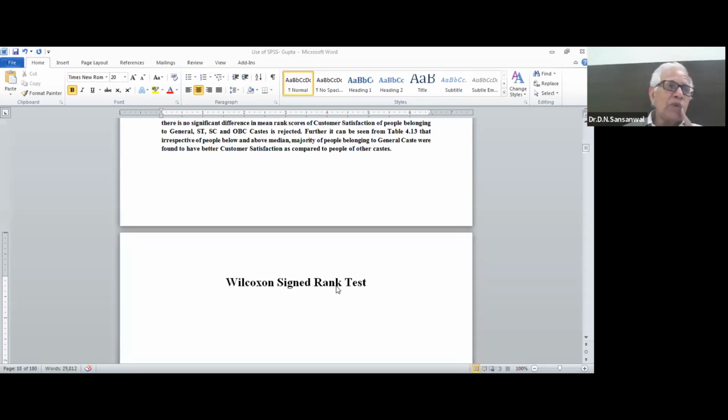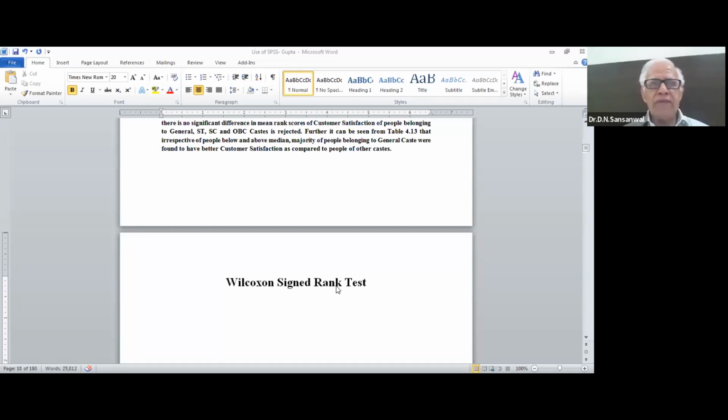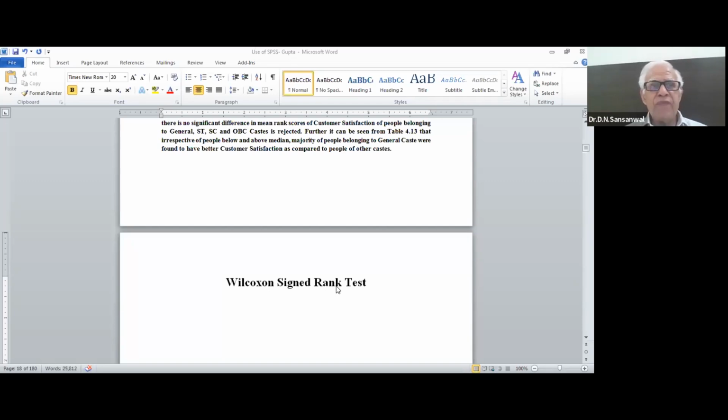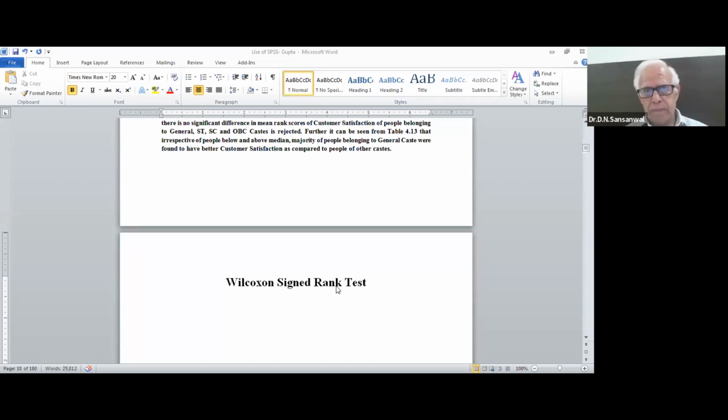Now you know the Mann-Whitney U test: in that, you should have two independent groups and your data must be on the ordinal scale. And if you have data on the interval or ratio scale, then you can convert it into the ordinal scale.